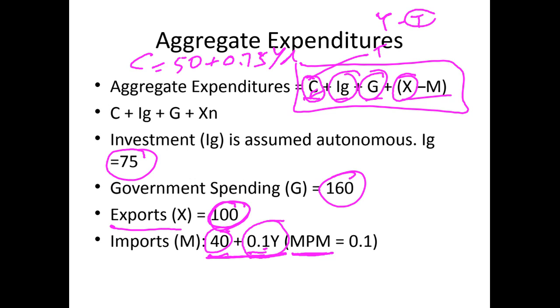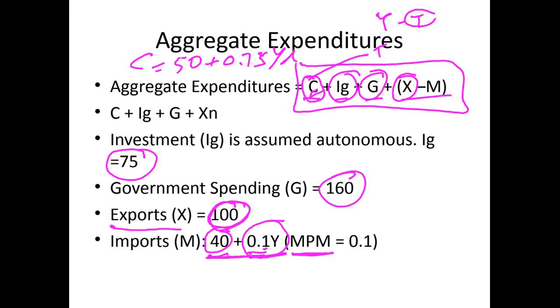What is the meaning of this 0.1? It means when Canada's income increases by $1, we are going to import or buy goods and services from outside Canada worth $0.10. That is 10% of our increased income. So if GDP per capita income is increasing in Canada, then 10% of that increased income will be spent on buying foreign goods and services.